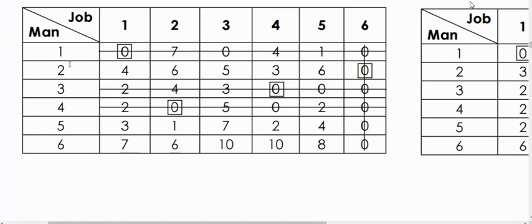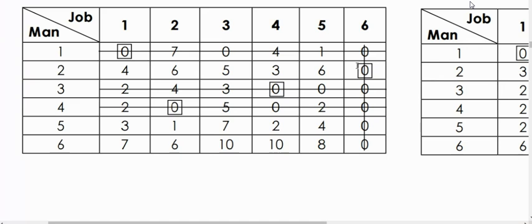Now, if you look at man 2, the second row I am talking about. In the second row, you have how many zeros? You have only one zero here. So you will again make a square on the second man and allocate it to the sixth job.